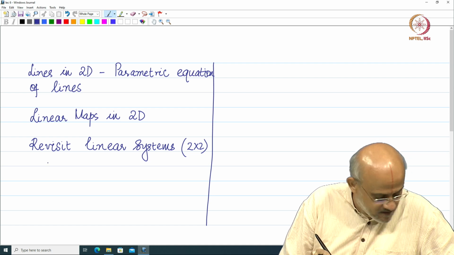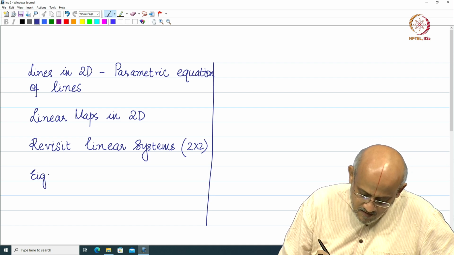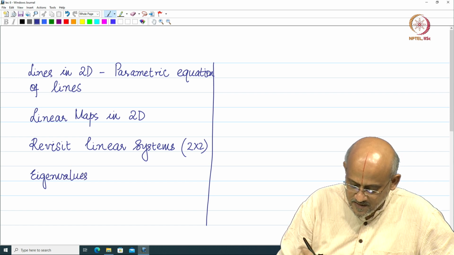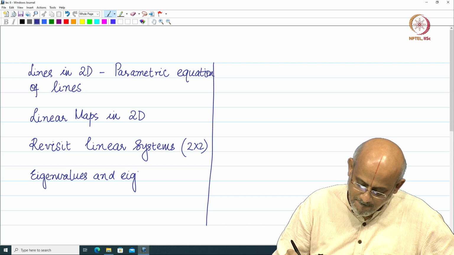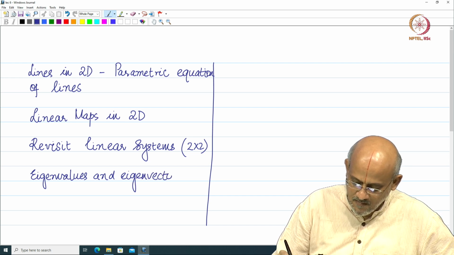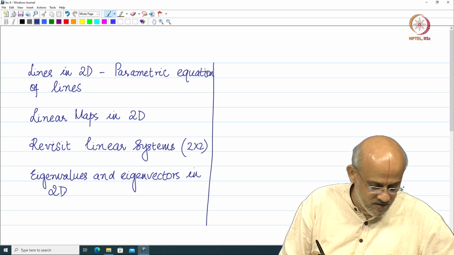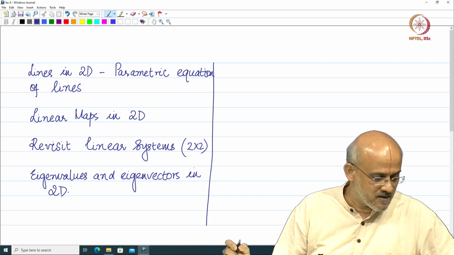Then we are going to look at eigenvalues and eigenvectors in 2D. So, the question is, what is it to say parametric form of line?